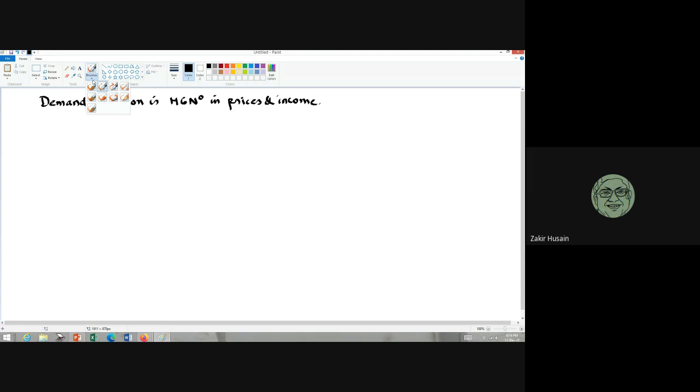The demand function is homogeneous of degree 0 in prices and income. See, we have a demand function. Let us say that it's a two commodity world. So demand is a function of P1, P2 and M. Okay, now how do we get this?